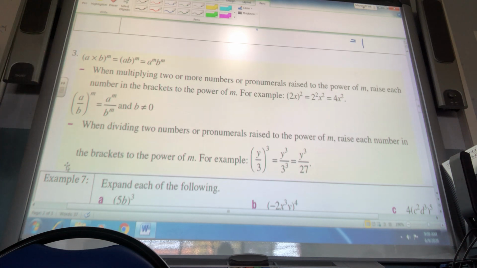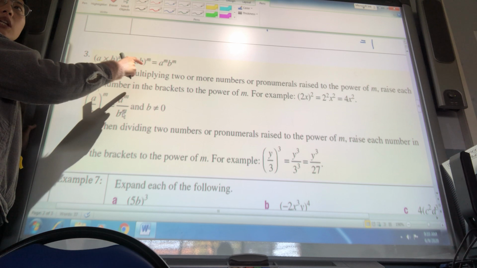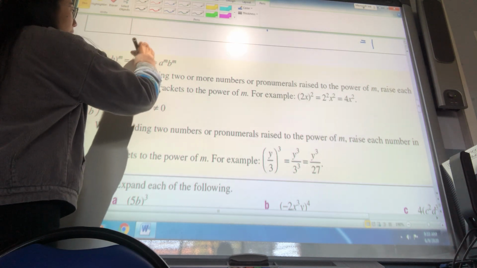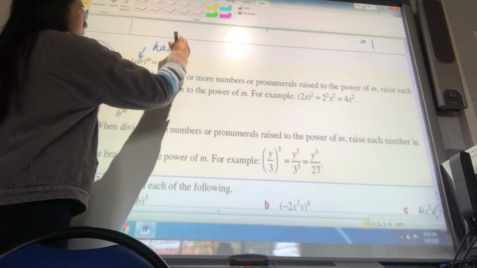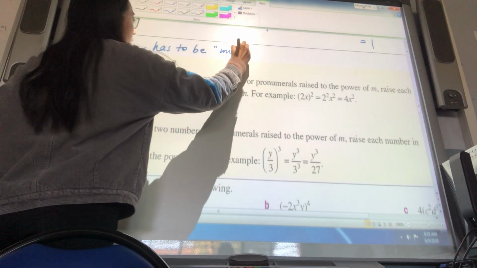If you have two polynomials, so if I say a, b, x, y, and I have to the power of m for the whole thing, but make sure inside it's a times b, not a plus b. It has to be multiplied inside, so it has to be a multiply sign.